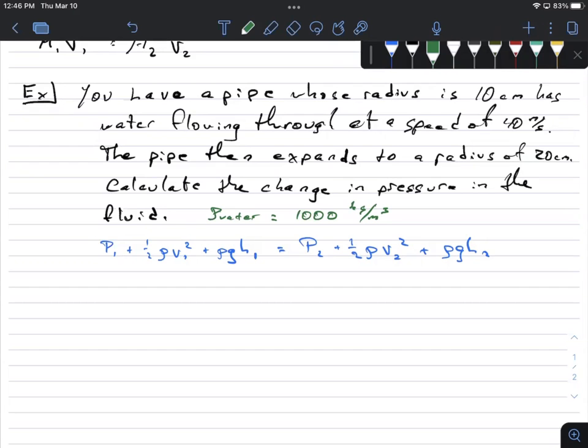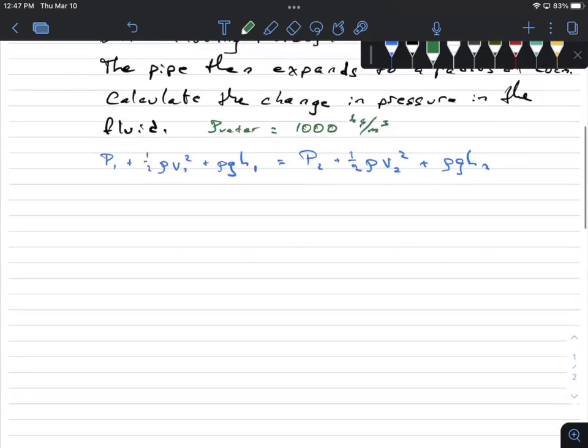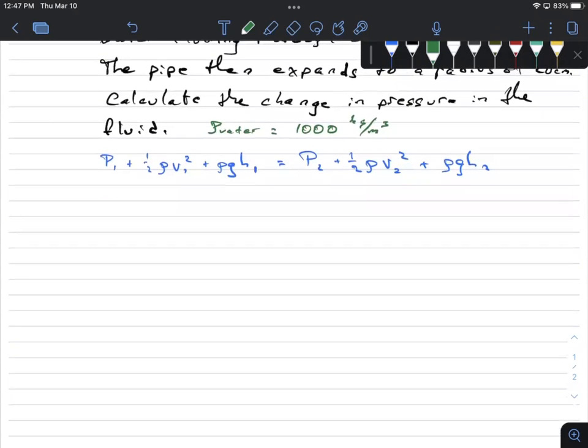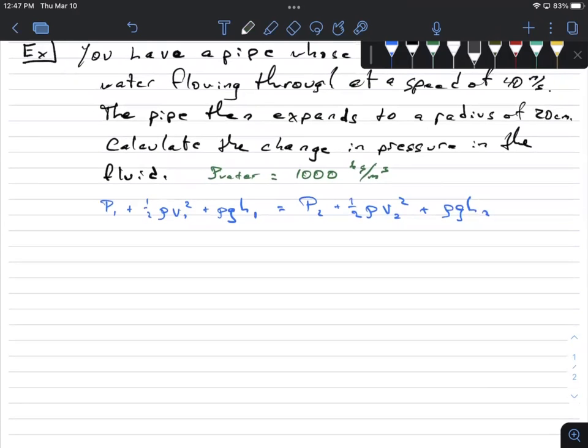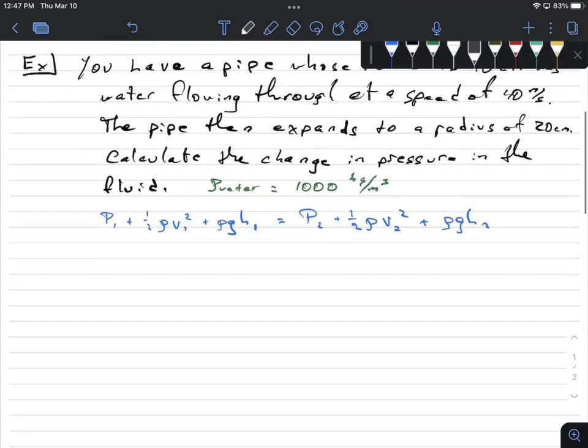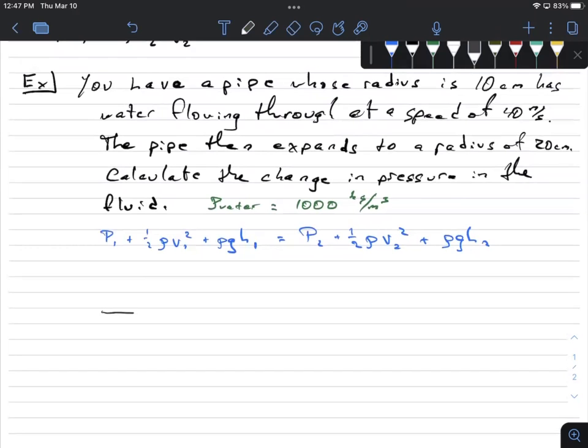All right, so now I can start thinking about the problem. One thing you may want to do, if the problem itself doesn't do it, is draw a picture or visualize the system. What the heck's going on? So if I visualize this, I have a pipe of a certain radius with water flowing through it. So here's my pipe. I know that the radius of this pipe, R1, is 10 centimeters.